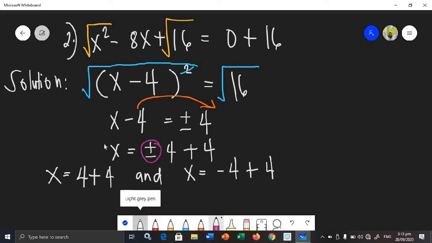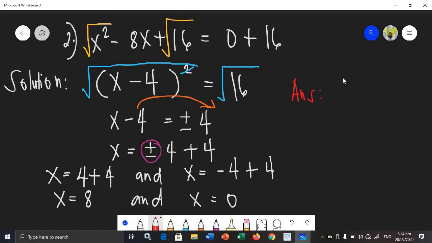And then, solving this equation, 4 plus 4, that is 8. And then the other value is negative 4 plus 4, that is 0. Therefore, your answer in set form is 8 and 0. So, yun yung answer mo.